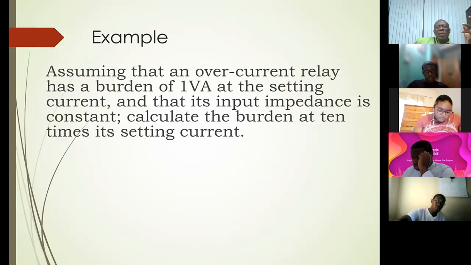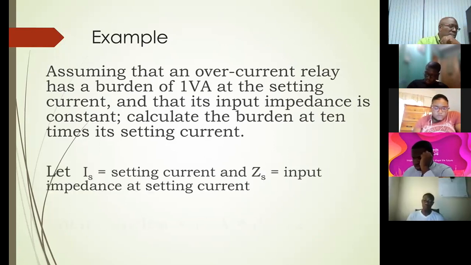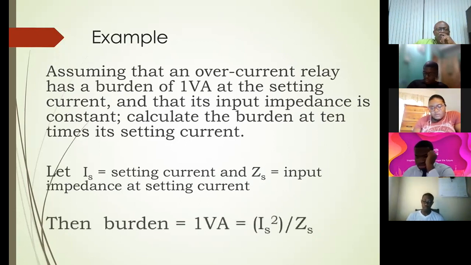If we assume the input impedance to be constant, then the burden is going to be equal to I squared over ZS.